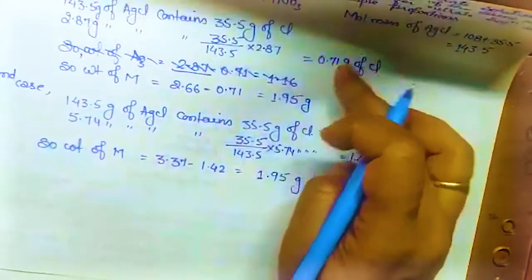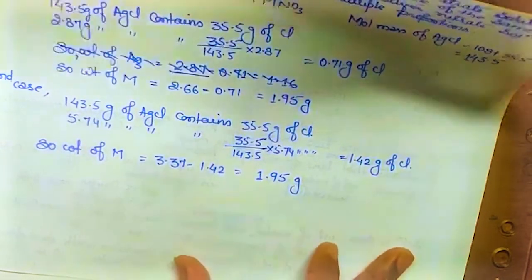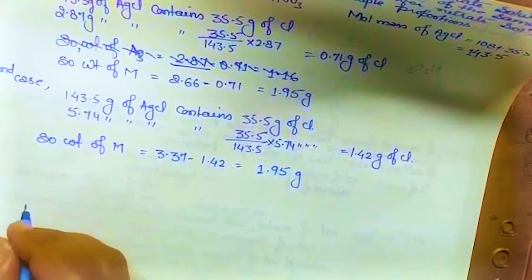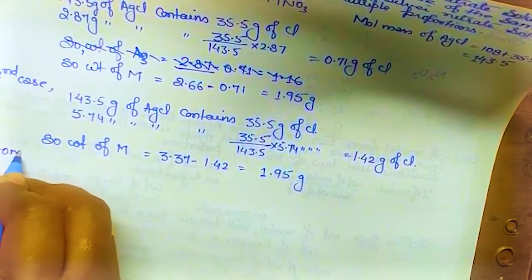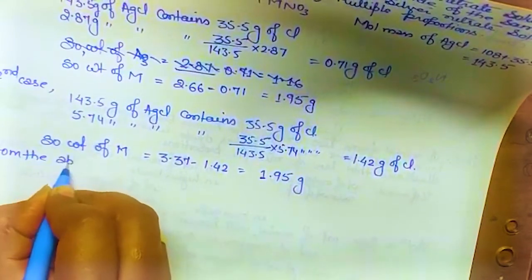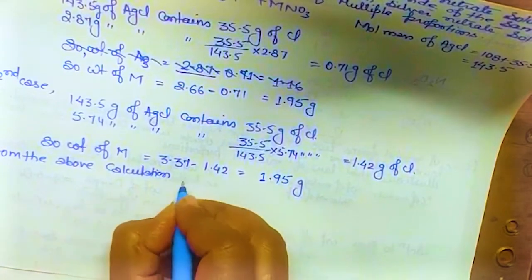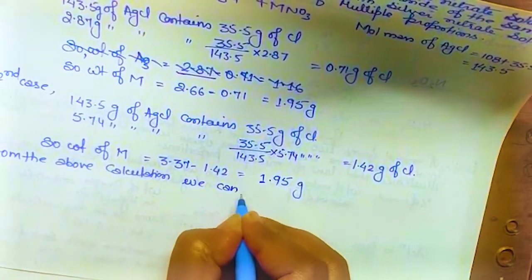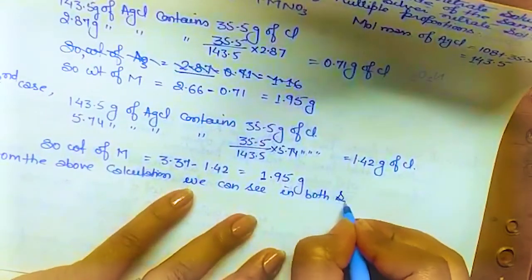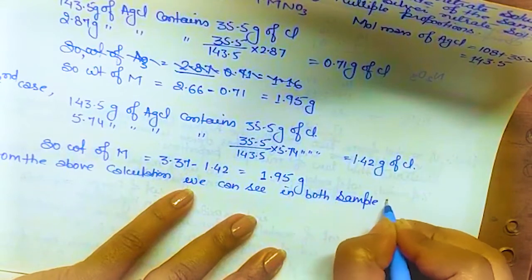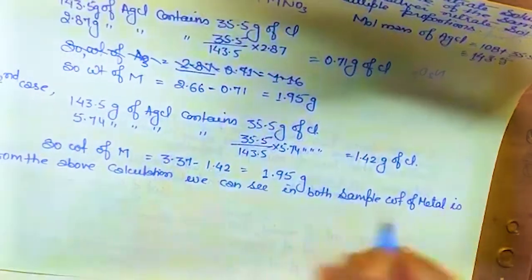The ratio of this chlorine should be in a simple whole number ratio. Got it? So we can write from the above calculation that in both samples the weight of metal is fixed.